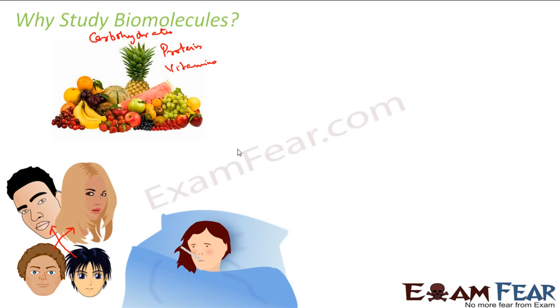When we fall sick, why do we fall sick? We fall sick generally due to deficiency of some vitamins in the body. So there also, the biomolecules play a vital role. Then giving the proper vitamins makes you feel better. So deficiency of vitamins is a cause of sickness, and proper diet can make you better also.